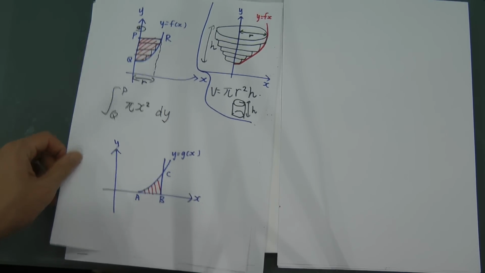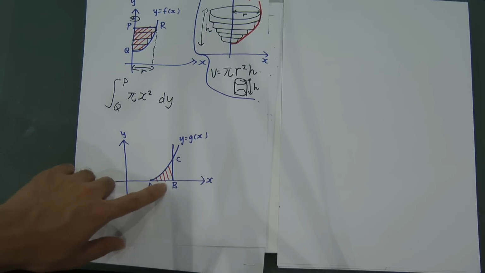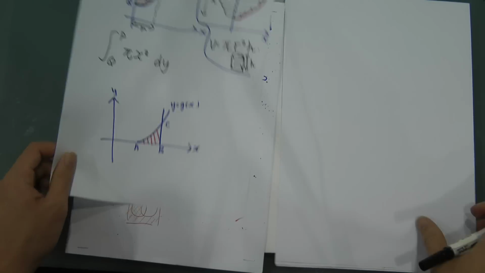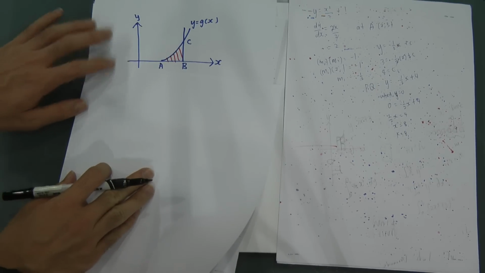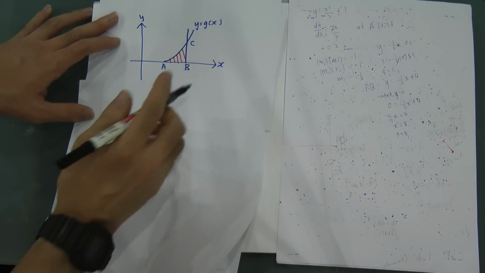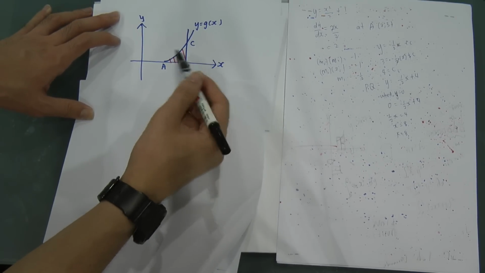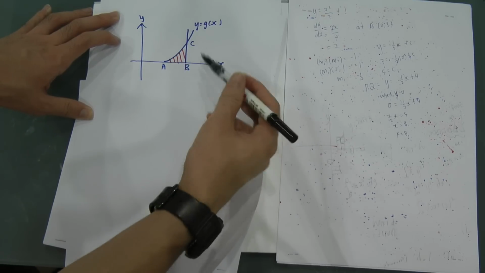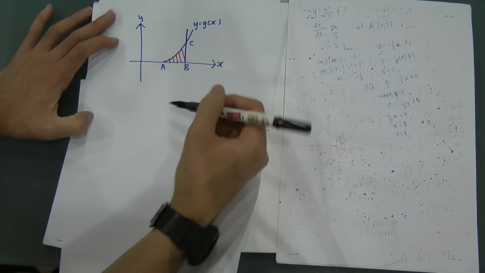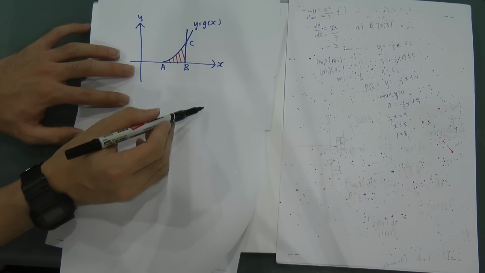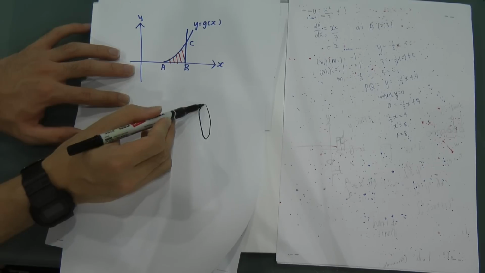Okay, let's have a look at this one. Now I want you to imagine this diagram. This shape region will rotate 360 degrees about the x-axis. So when he rotates 360 about the x-axis, you will get some volume like this.